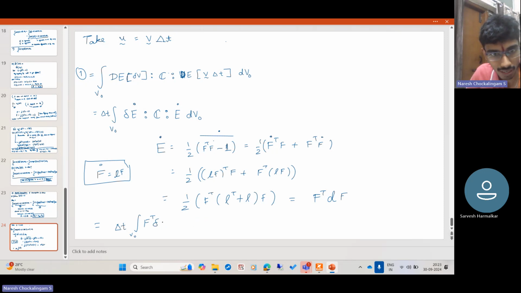So E dot is F transpose DF. Del E dot is F transpose del DF, because del V will not affect F. This del E del D F double dot with C double dot with F transpose D F dV naught.